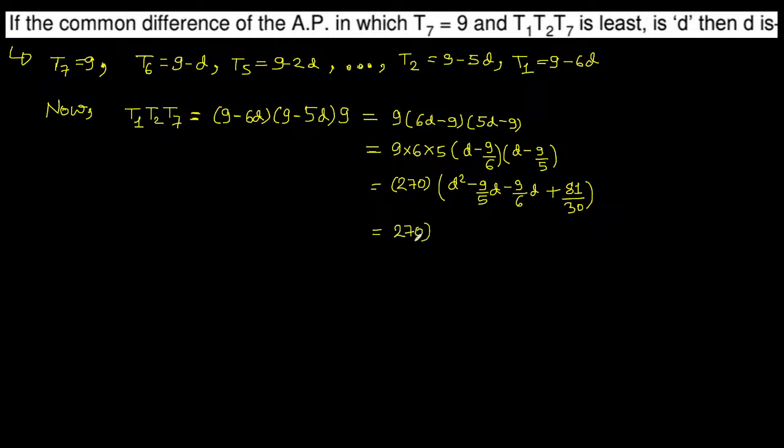This is 270, this is D square minus 99D by 30, this is 99, plus 81 by 30.